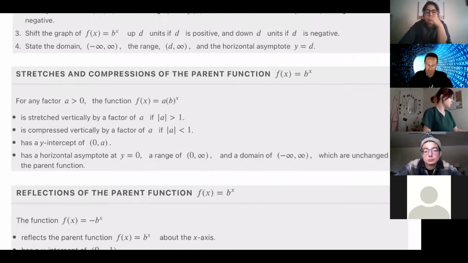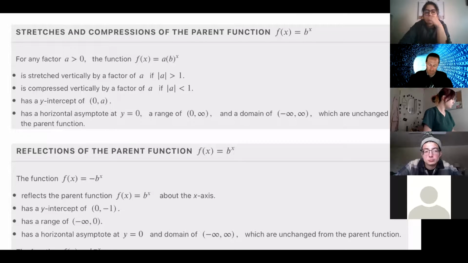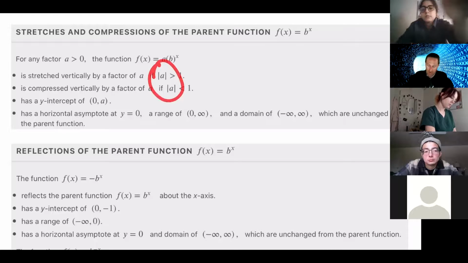Okay. The stretches and compressions are all going to be dependent on that a value. The bigger the a is, the faster my y values are going to jump up. If it's negative, then we know it's going to have that reflection. It's going to change everything and flip it downwards. So that's what they mean by the absolute value. We're not looking at whether it's positive or negative.